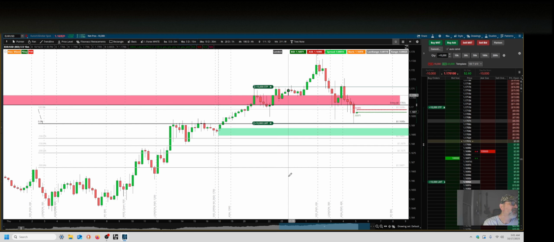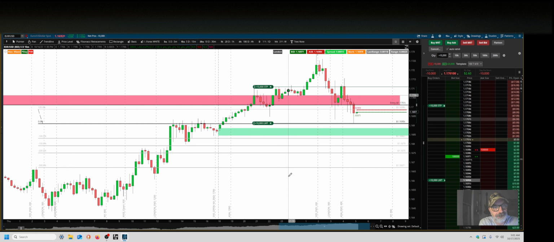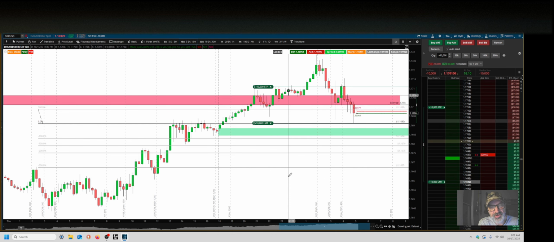So you can pretty much set your levels on a 15-minute chart and use like a 5 or a 1 minute chart to really pinpoint the entry.